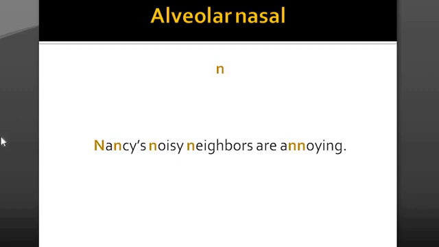Okay, so when you say this sound I want you to think about where is your tongue? So I said that your tongue is stopping the breath. When you say n, can you feel? Where is your tongue? Your tongue is on the alveolar ridge.